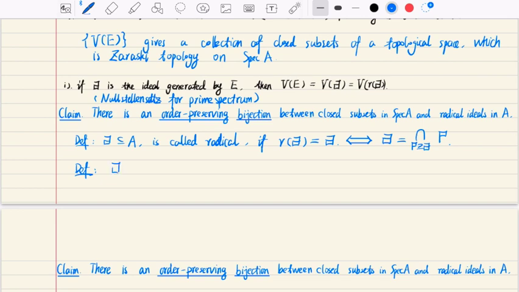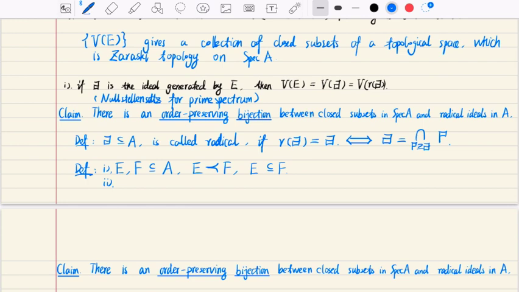Let E and F be subsets of A. We say E is smaller than F if E is contained in F. That is the order on the set of all the subsets of A. The second is the order between subsets of the spectrum.